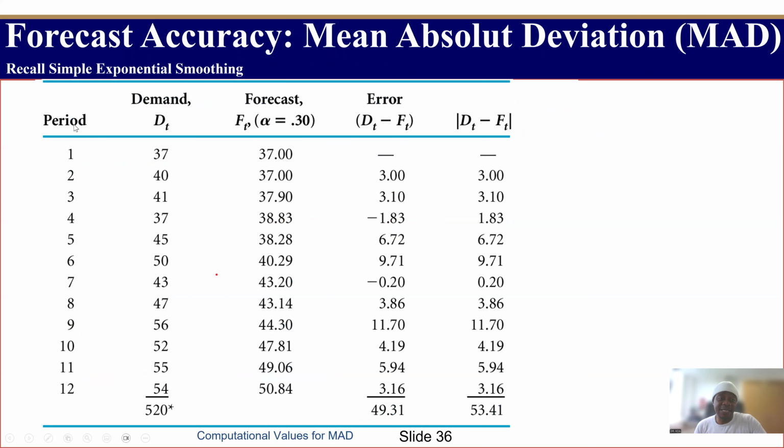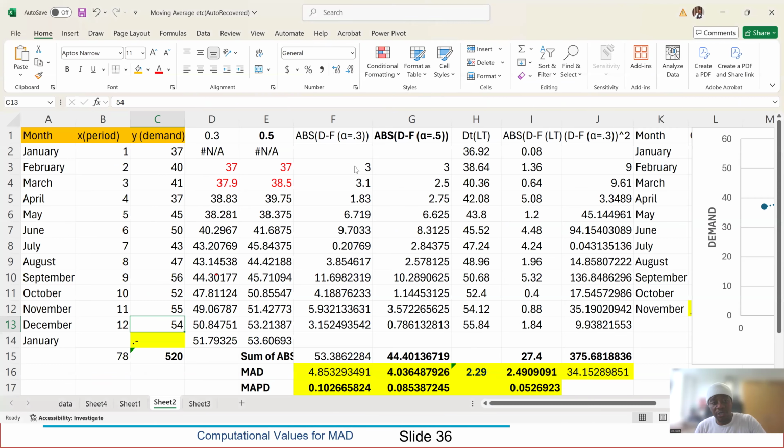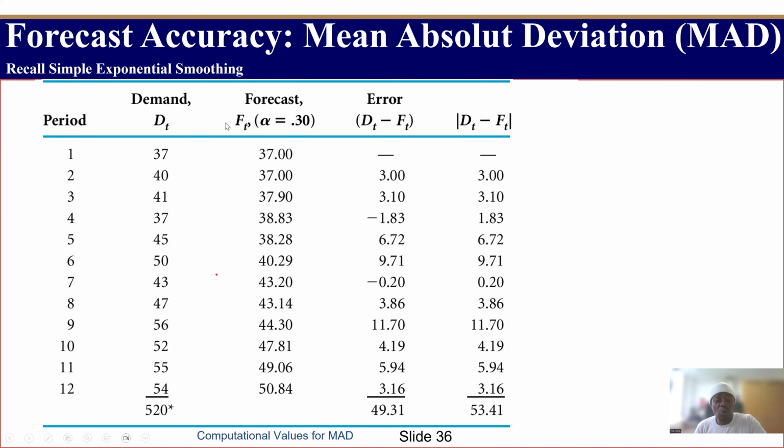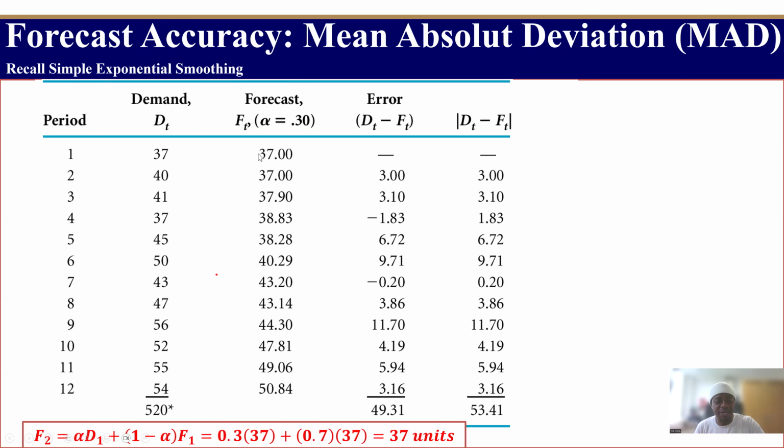Let's take the same data. We decided to calculate the simple exponential smoothing. I know some of you may have forgotten, so let me remind you how we calculated it.